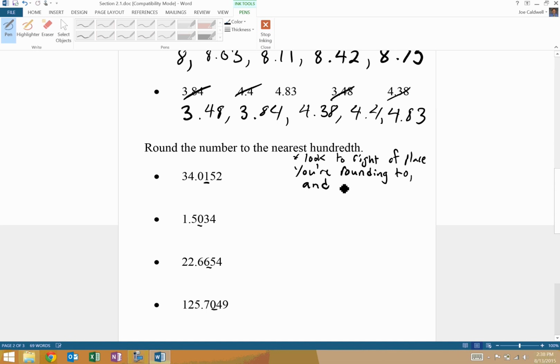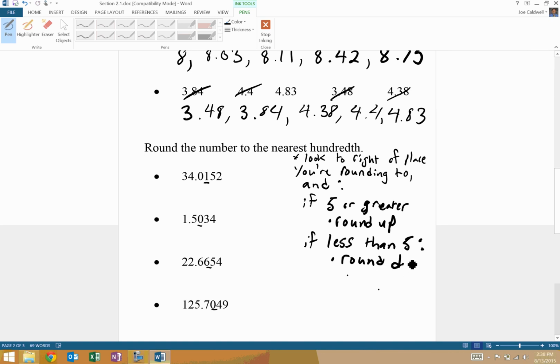And if 5 or greater, round up, so actually go up a number. If less than 5, I like to call this just cutting it off, but I'm going to use this phrase called cut off, because you're not actually rounding down, you're just cutting off the rest of the numbers.